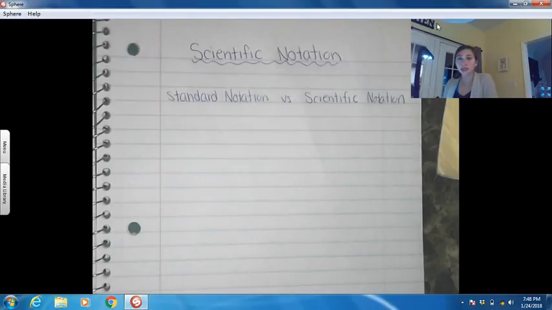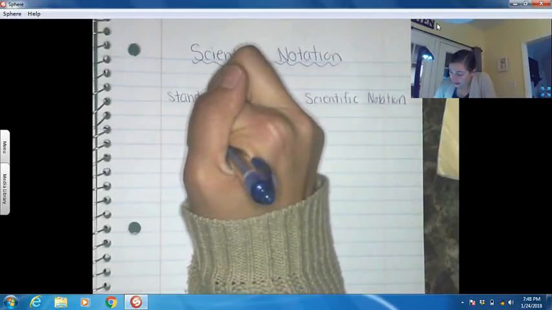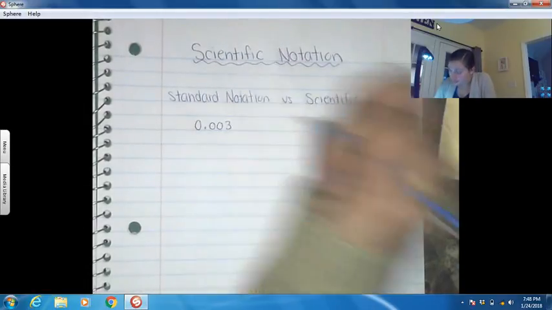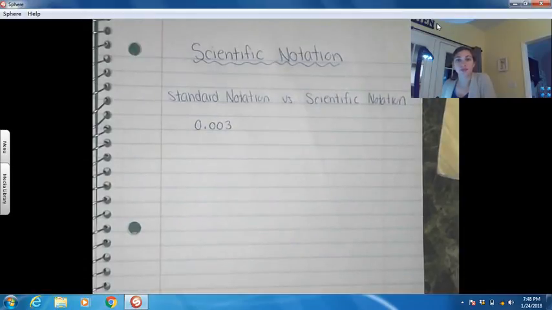So in order to understand scientific notation, we have to be able to distinguish the difference between standard notation and scientific notation. Standard notation is what you have typically seen. So for example, 0.003 would be an example of something in standard notation.